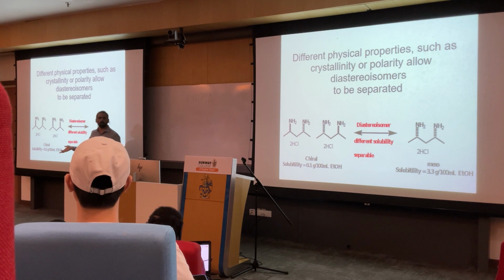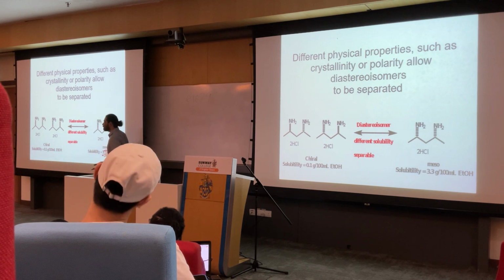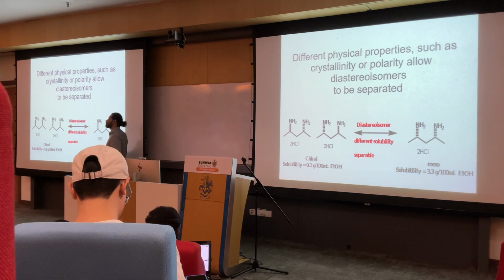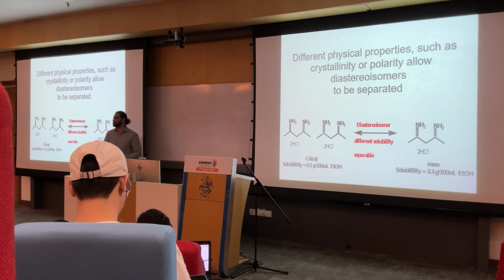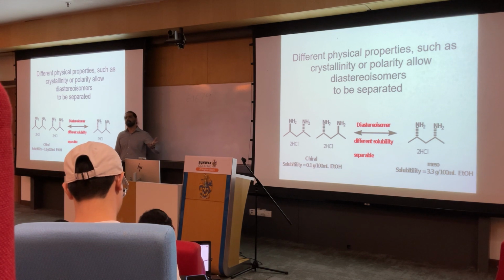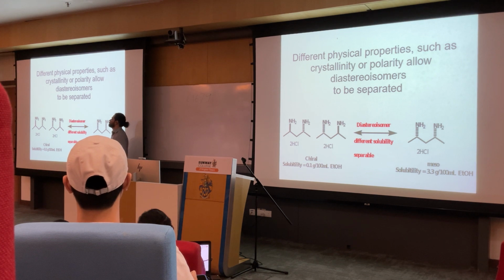So another example of physical resolution on the basis of solubility. Because this one is dissolving 3 grams per ml, that one is only dissolving 0.1 gram per ml. Of course it will not be 100% foolproof, but still you will be able to at least isolate one of them very easily. Right?